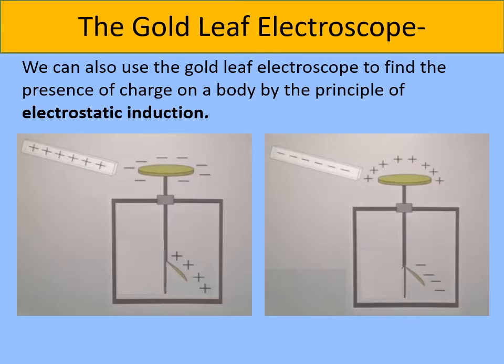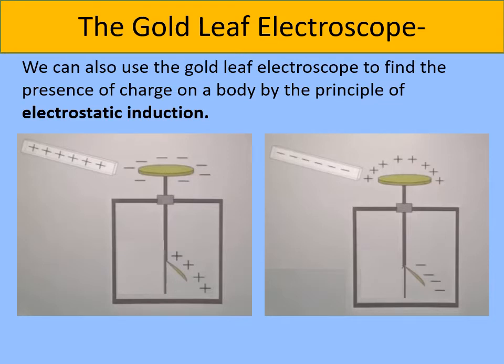If we start with the picture on the left-hand side, and we bring the positively charged rod just near the cap, it attracts the negative charges from the gold leaf, and they flow up and accumulate on the cap, leaving behind positive charges, as there is now a deficiency of electrons at the gold leaf. This causes the gold leaf to diverge from the copper conductor.